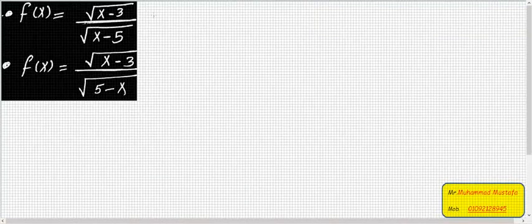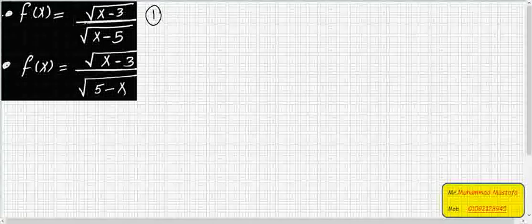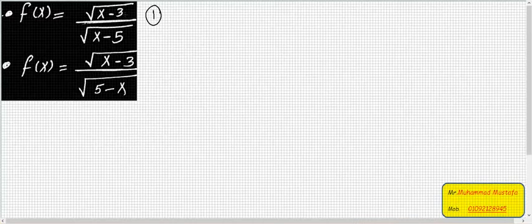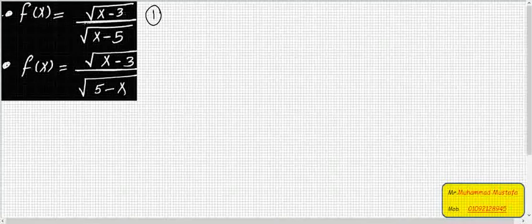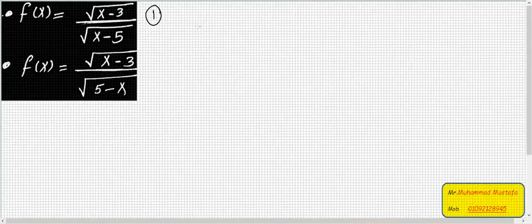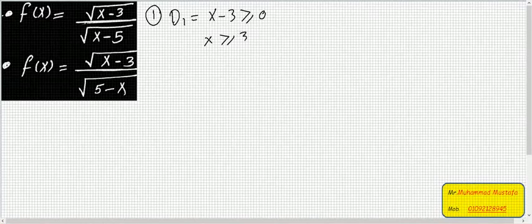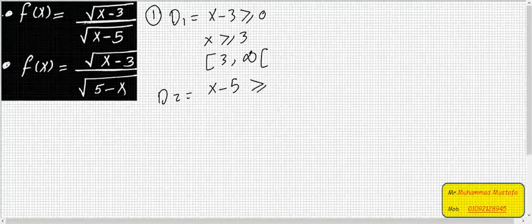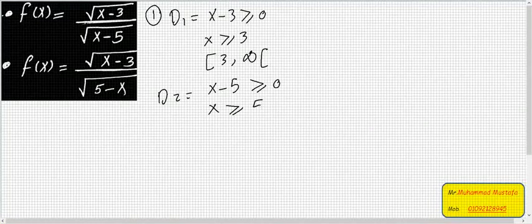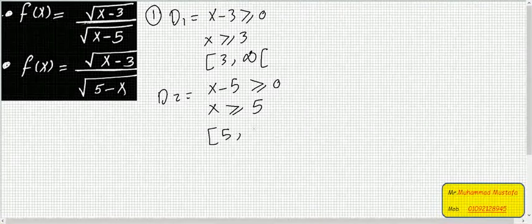Number 1, D1, this is a fractional function. To find it, we find D1 and also D2, find the intersection of their domains, then subtract the set of zeros of the denominator. D1: x minus 3 greater than or equal 0, x greater than or equal 3, from 3 to infinity. D2: x minus 5 greater than or equal 0, x greater than or equal 5, from 5 to infinity.